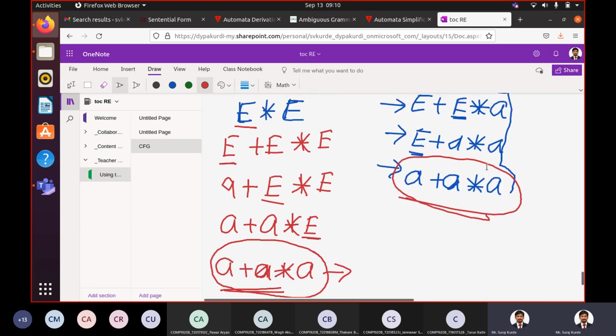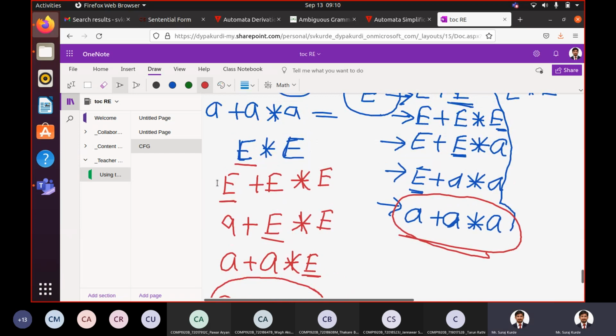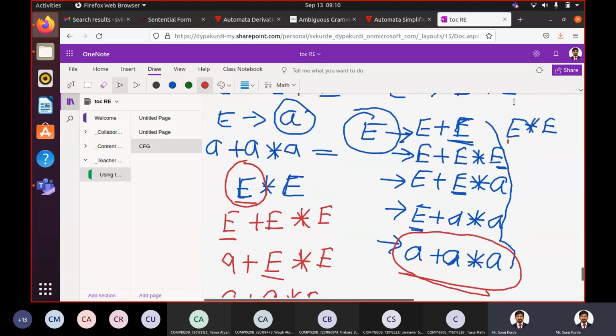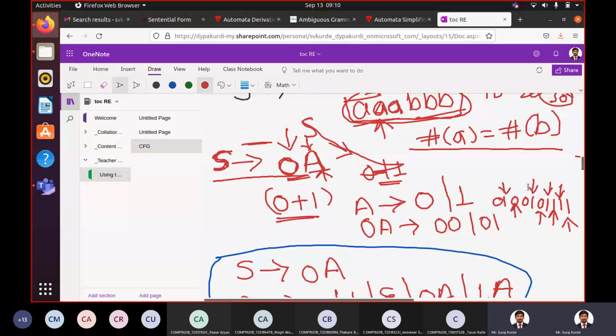Now, if you see what I have done, in the second case, I have replaced the leftmost non-terminal. Here I have replaced the rightmost non-terminal. This is the left or leftmost derivation, and this is the rightmost or right derivation.